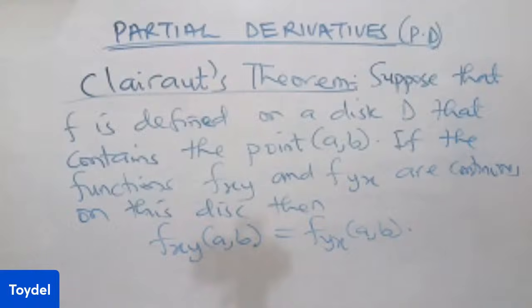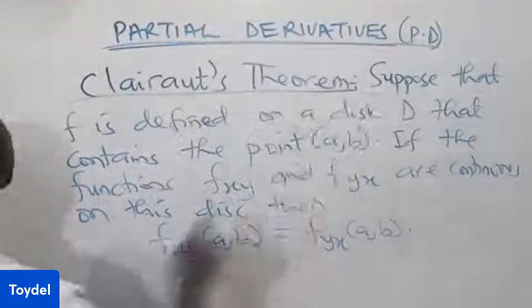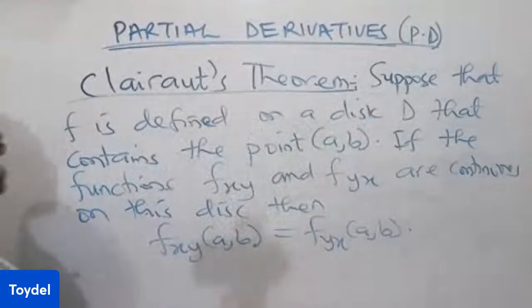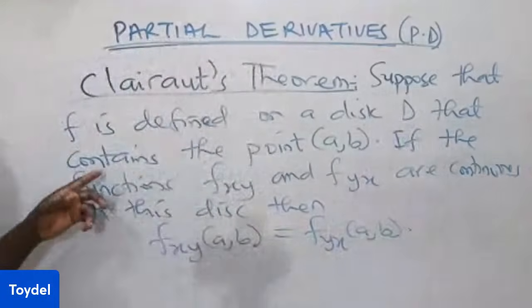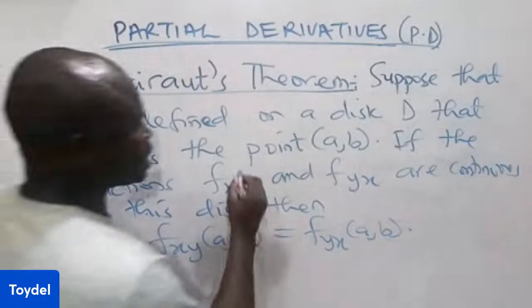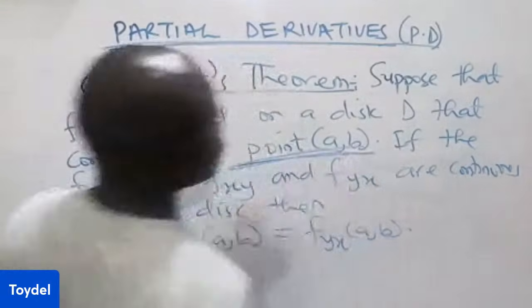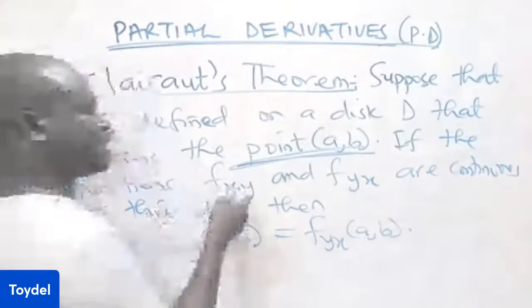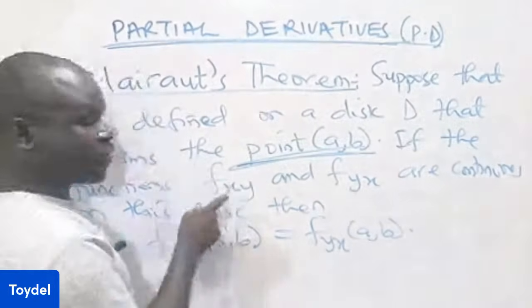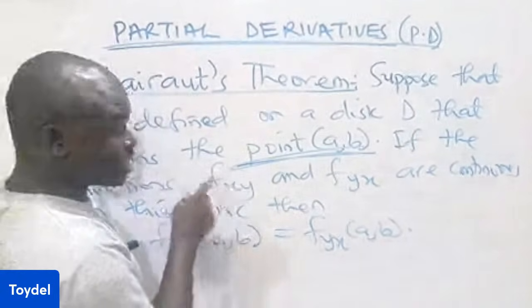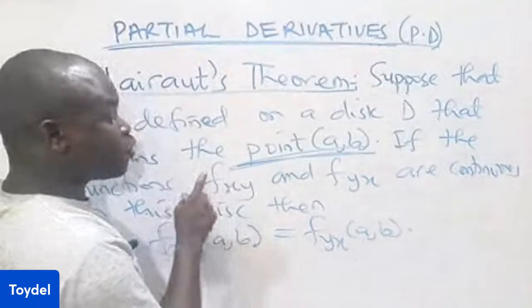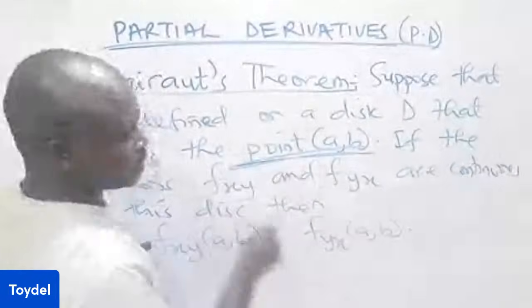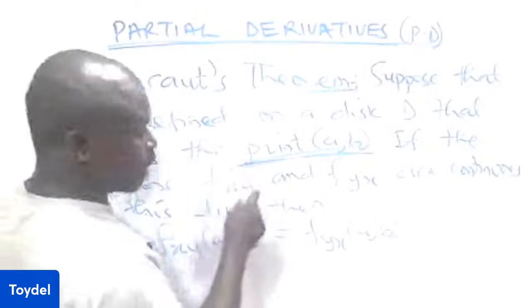This theorem guarantees that, suppose that f is defined on a disk D that contains the point (a, b). The function f subscript xy simply means that we first take the partial derivative of f with respect to x, then we take the partial derivative with respect to y.